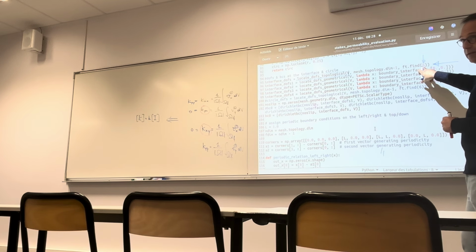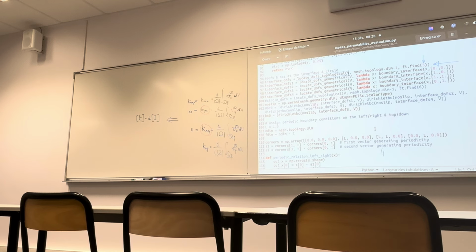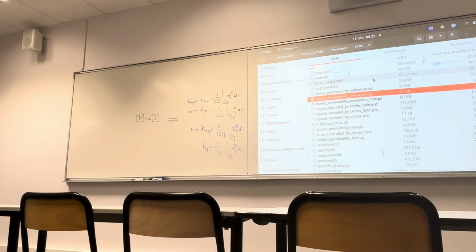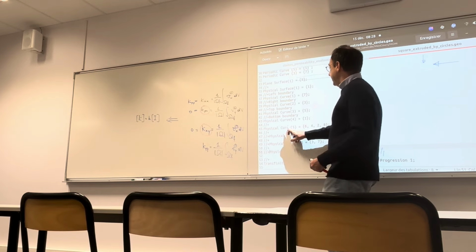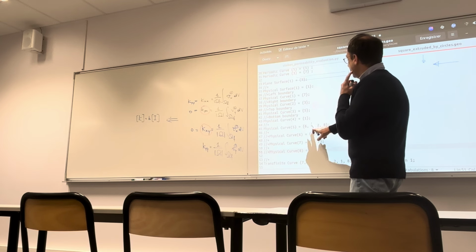the definition of 5, because 5 in the GMSH file was the physical curve 5, just the curve constituted by 6, 4, 2, and 8.